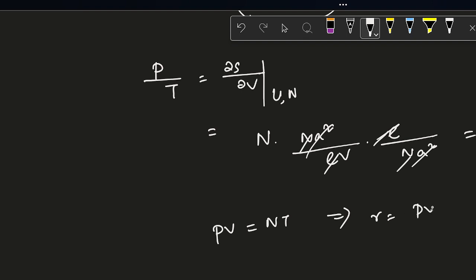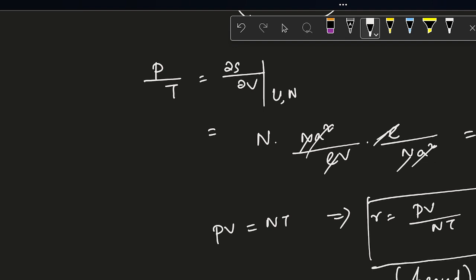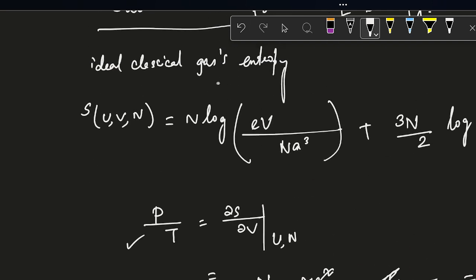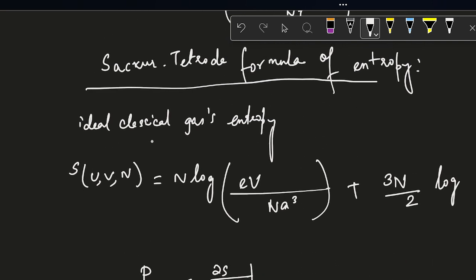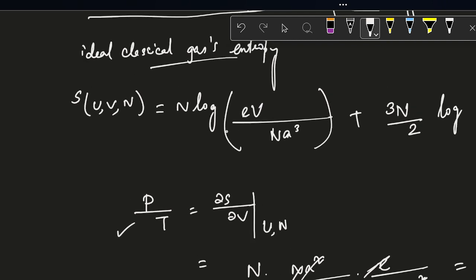Or R equal to PV by NT equal to 1. So it is proved that the R value will always be 1 for an ideal classical gas. It is also known already from the basics of thermodynamics and kinetic theory of gases, and you can also prove this directly using the derivative formula of P by T using the Sackur-Tetrode formula of entropy of ideal classical gas, right?